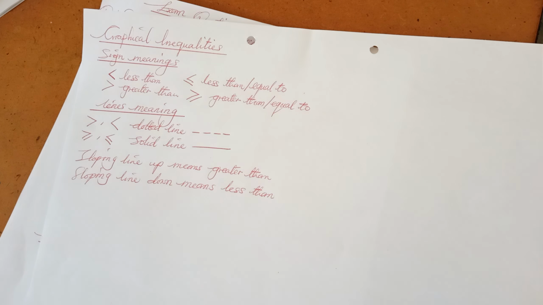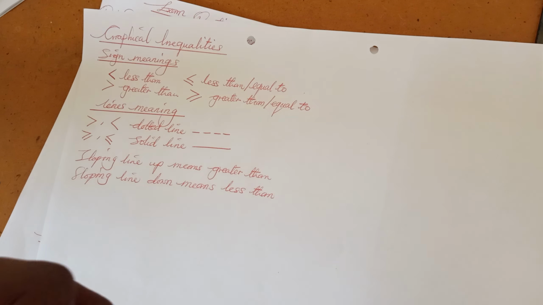So today we are going to look at a topic that comes in paper 1, and that is graphical inequalities. Okay, so we are looking at graphical inequalities. Now, for you to understand this topic better, you need to know the signs that are used, or the inequalities.